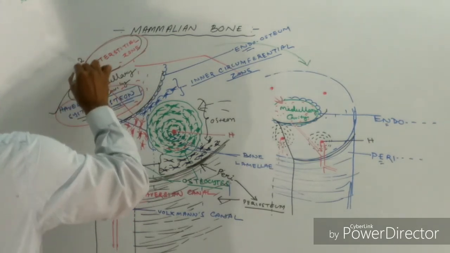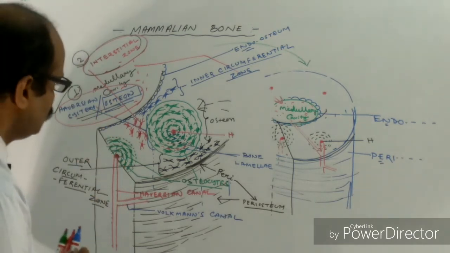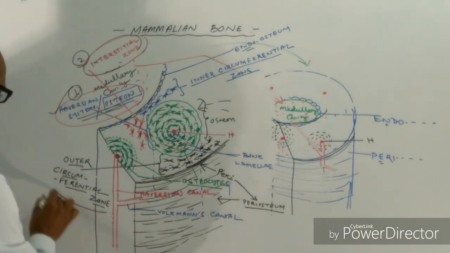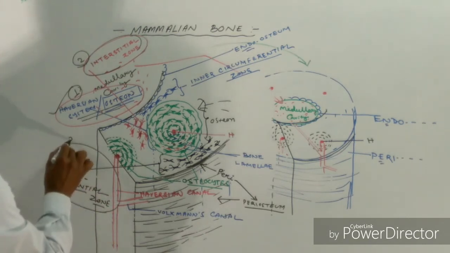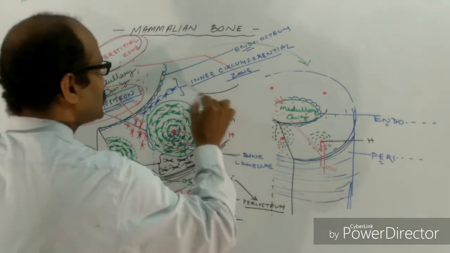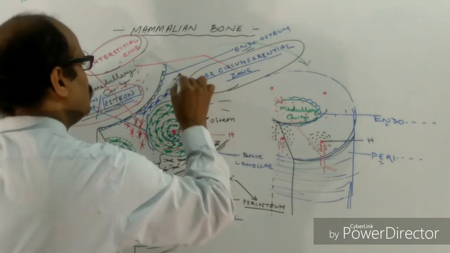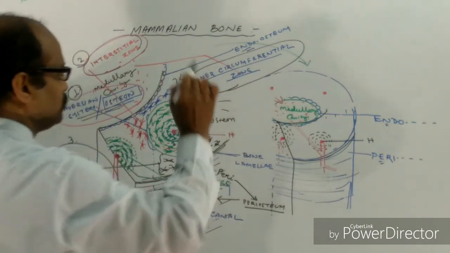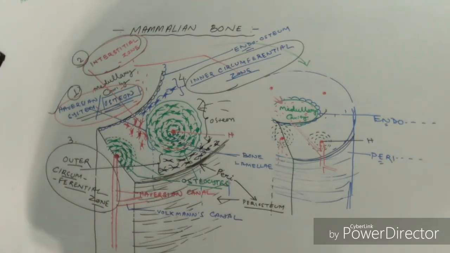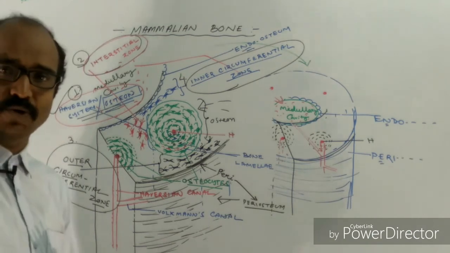This is zone two. Another is the outer circumferential zone. This is zone three. And the last one is the inner circumferential zone. This is zone four. So this is the arrangement and the structure of the mammalian bone.